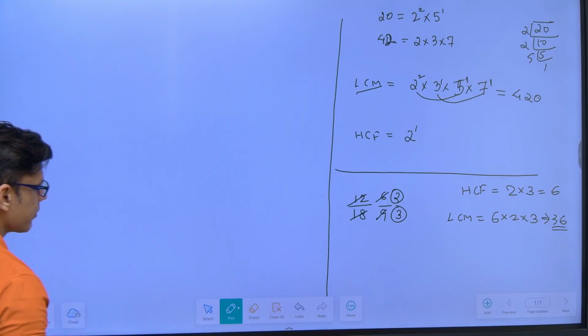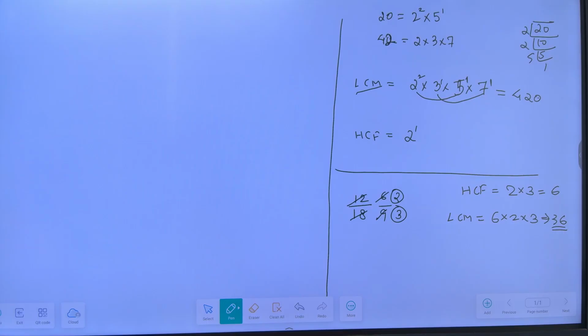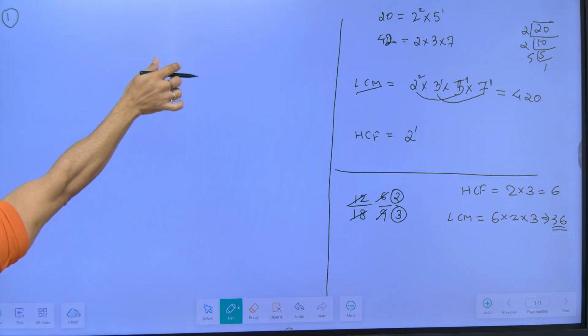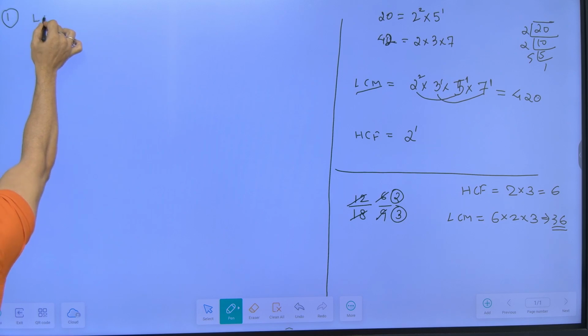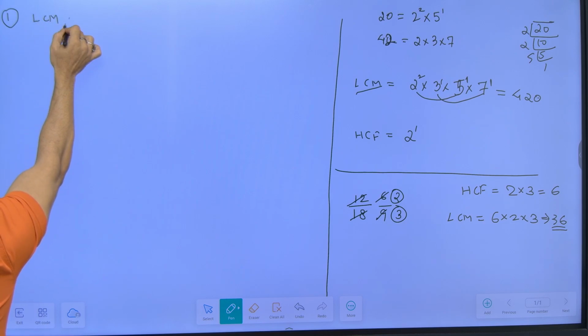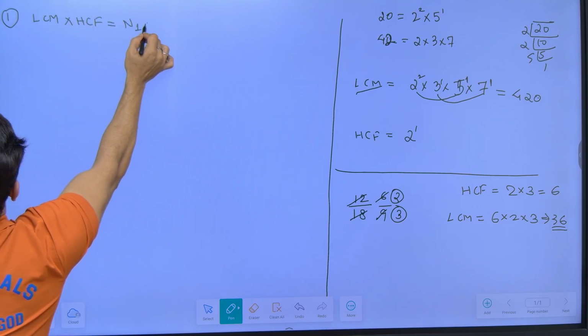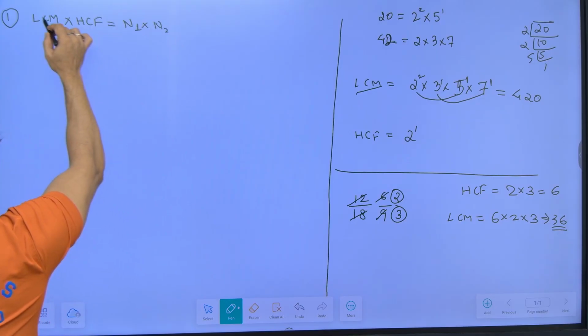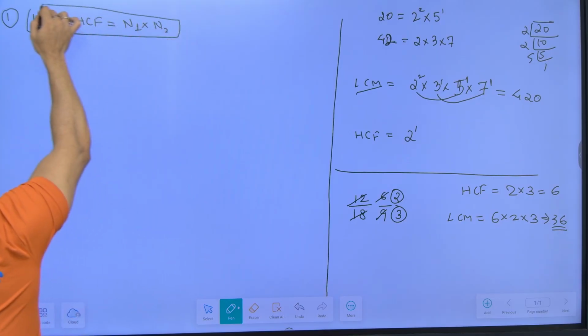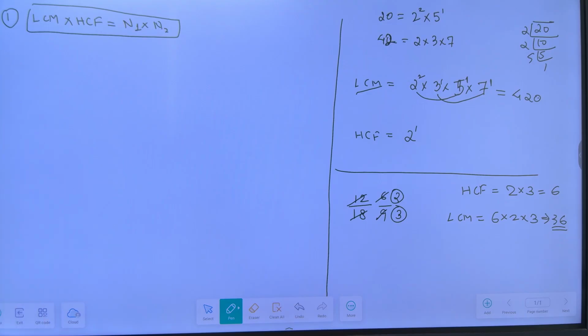A few things. First is, this is for 2 numbers, we'll come to 3 numbers. LCM into HCF of two numbers is always equal to the product of the two numbers. Right?